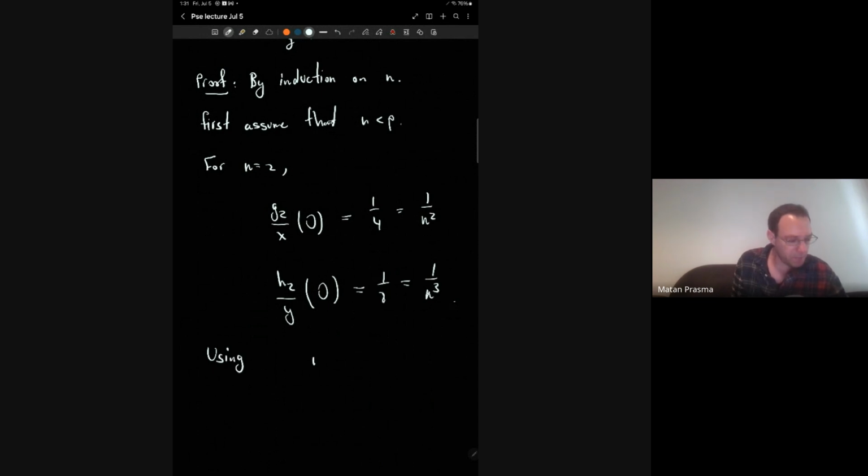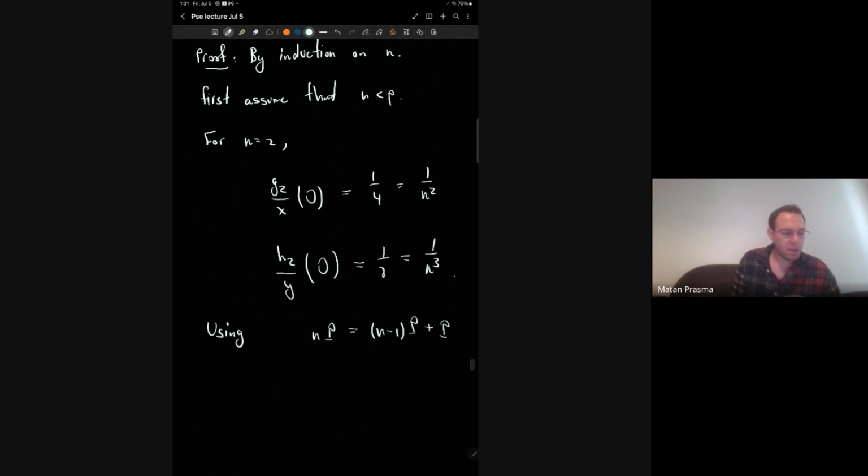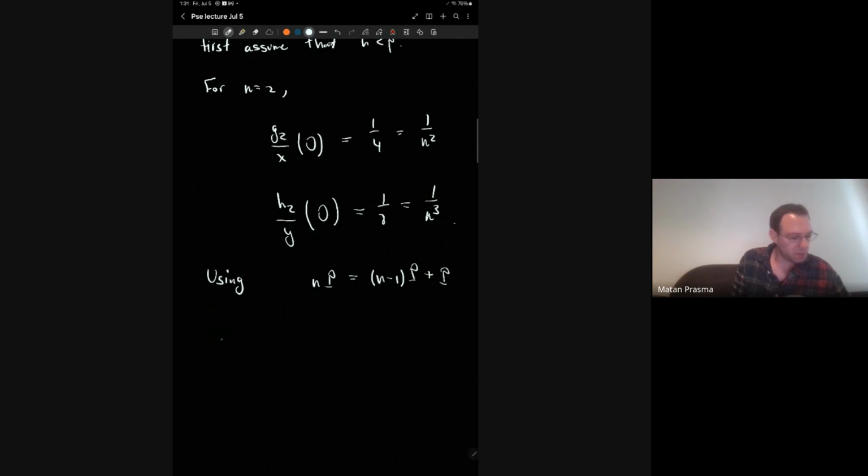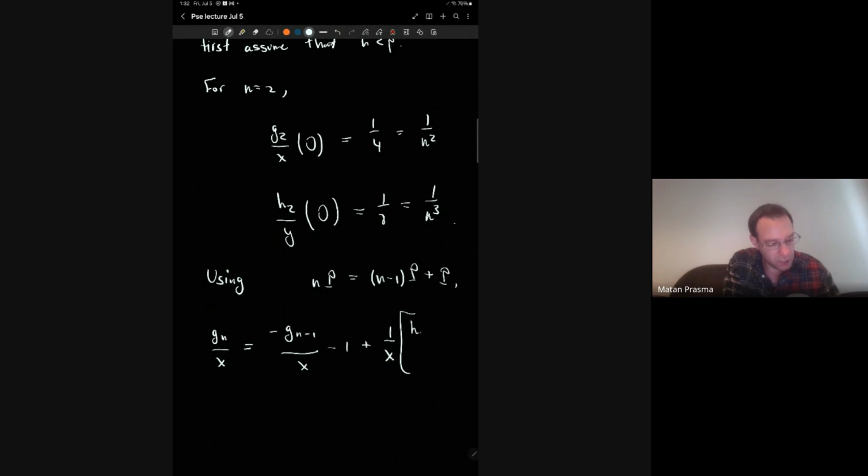Now, I can write np as n minus 1 p plus p. And so if I do gn over x, I can write it as minus gn minus 1 over x and minus 1 plus 1 over x times hn minus 1 minus y divided by gn minus 1 minus x, squared.